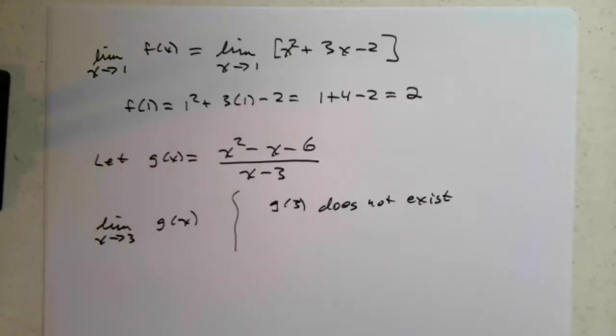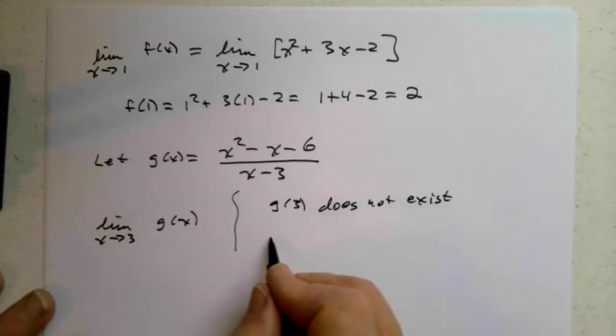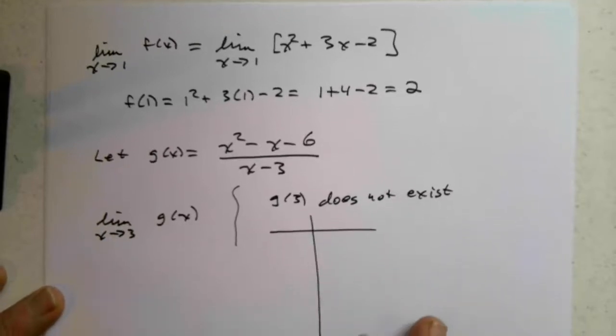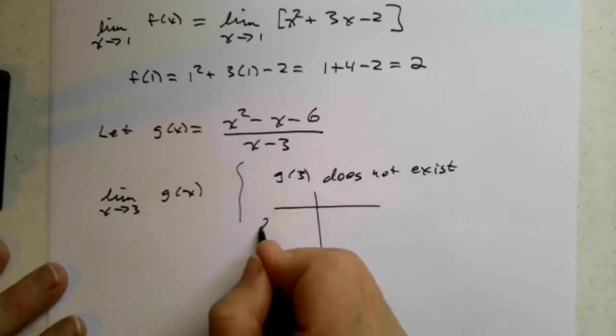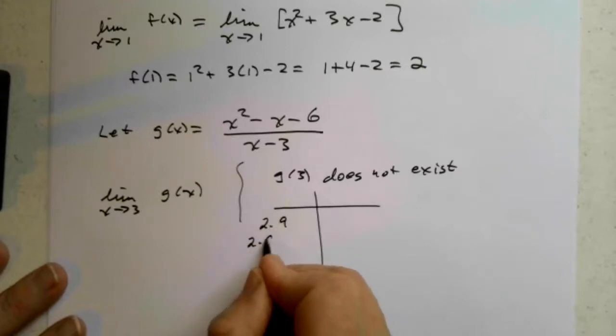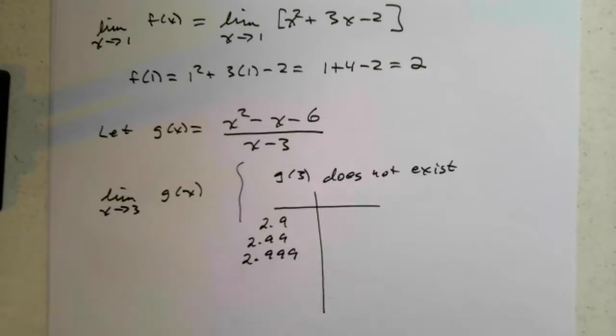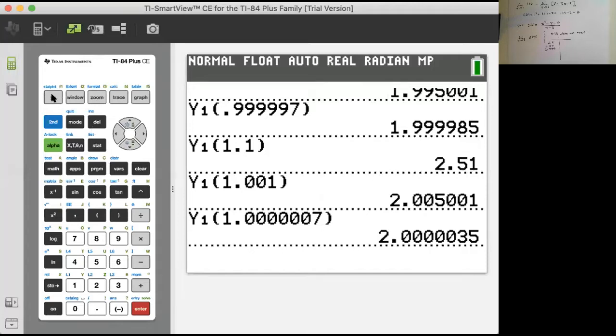So what I need to do instead is I need to look at values near 3. So following the same pattern I did in the last problem, numbers near 3 to the left and to the right. To the left, I'll choose 2.9, 2.99, and 2.999. And let's see how those behave. So again, I'm going to go ahead and look at the graphing calculator. And I'm going to change my function.